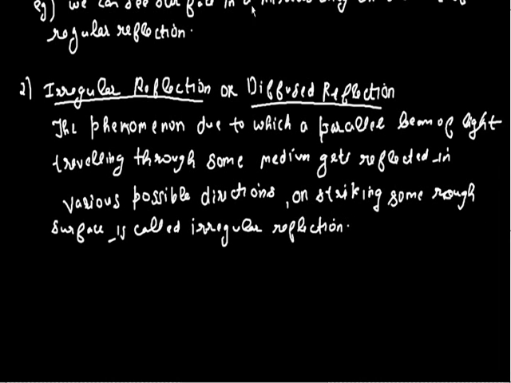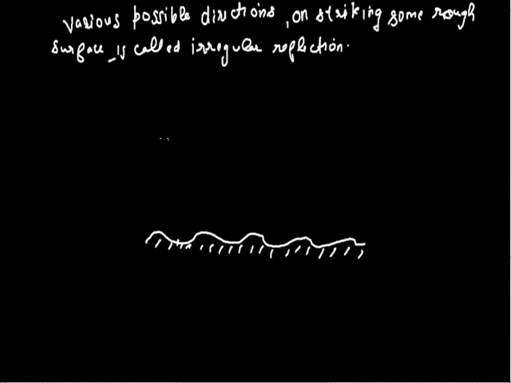Let's see how irregular reflection occurs. These are the incident light rays which are going to be incident on the rough surface but move in different directions.